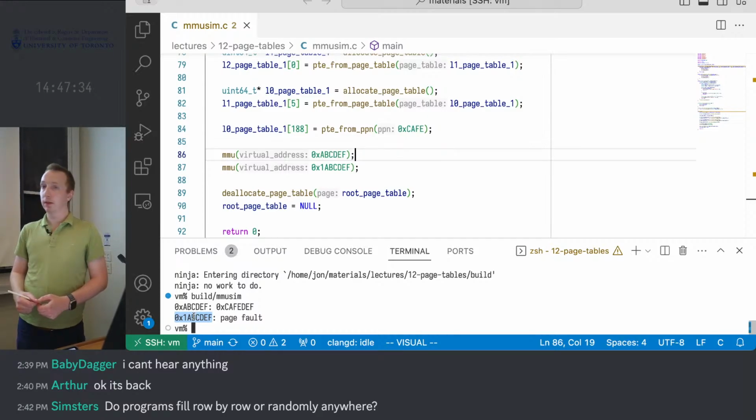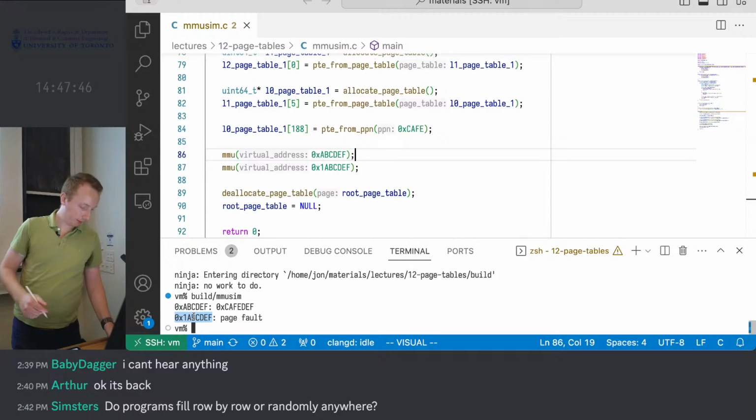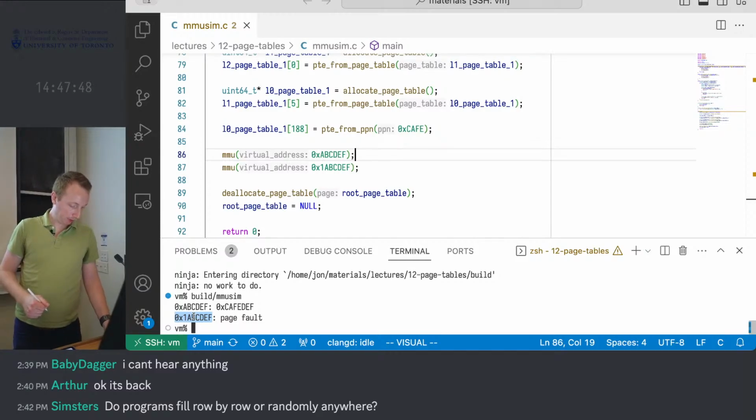In the reverse direction, you mapped A, B, C, D, E, F to an L0 table to an L1 table to an L0 table, which maps to CAFA, but you didn't do the same for the other one? Yeah, well, let's see. So if I were to translate the address A, B, C, D, E, F, that's as far as I know my alphabet.